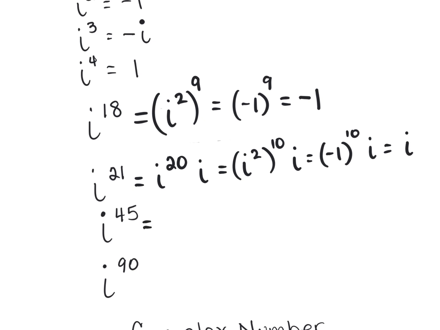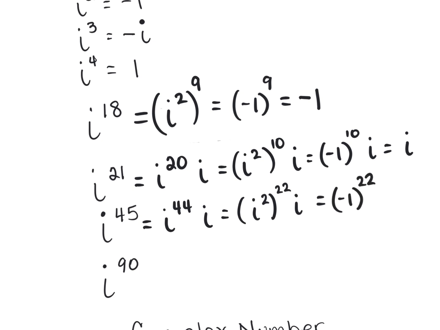All right, so for i to the 45th, again, not even, so we have to break one of them off to the side. Then we write i to the 44th as i squared to the 22nd, and then I have an i here. So i squared is -1 raised to an even exponent is going to make it positive, so this one also is i.